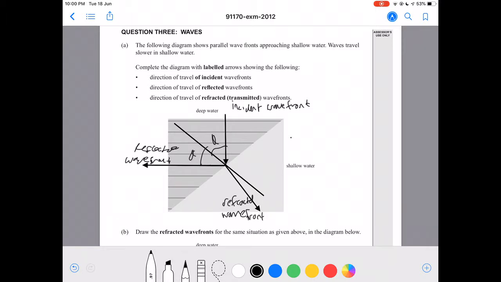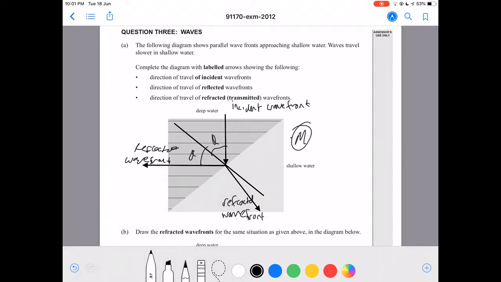Let me just check: three correct rays. Diagram shows angle of incidence equals angle of reflection. So basically, to get all three rays correct will get you a merit grade.